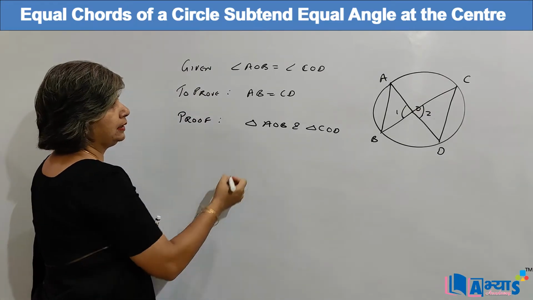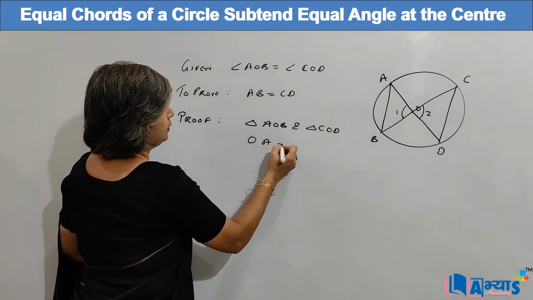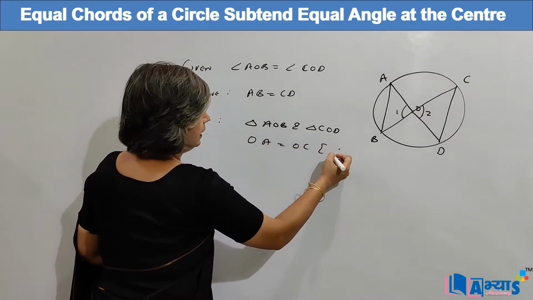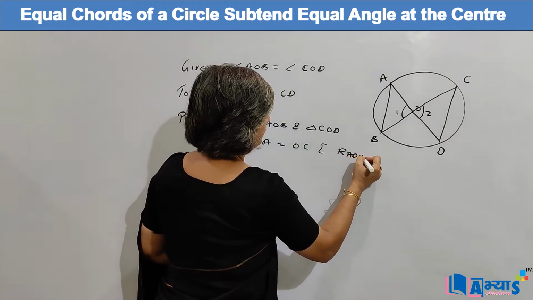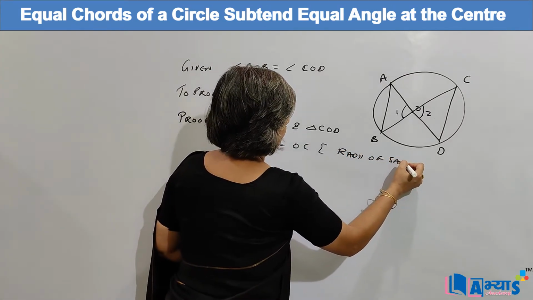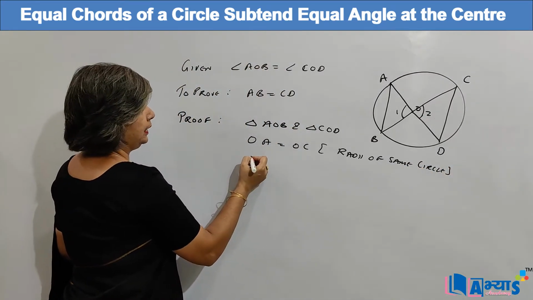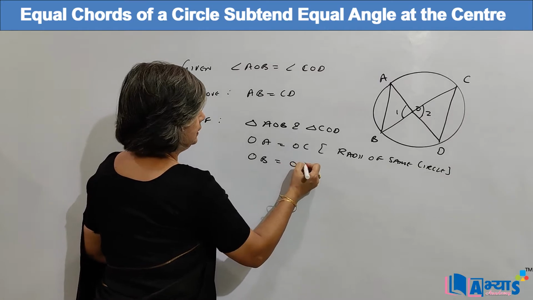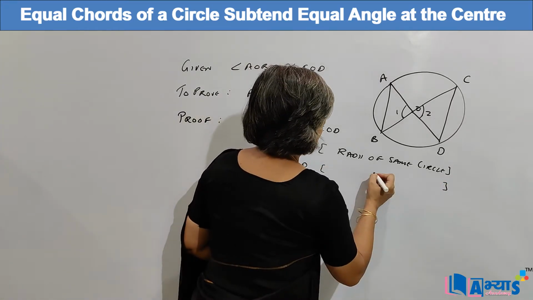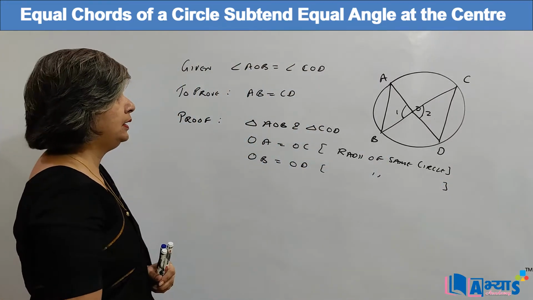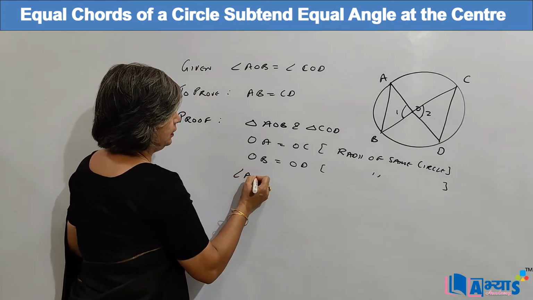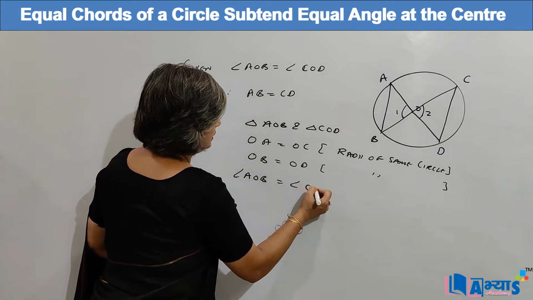Now in both the triangles, OA is equal to OC, radii of the same circle, and again OB is equal to OD, again the same reason, radii of the same circle, and we are given that angle AOB is equal to angle COD.